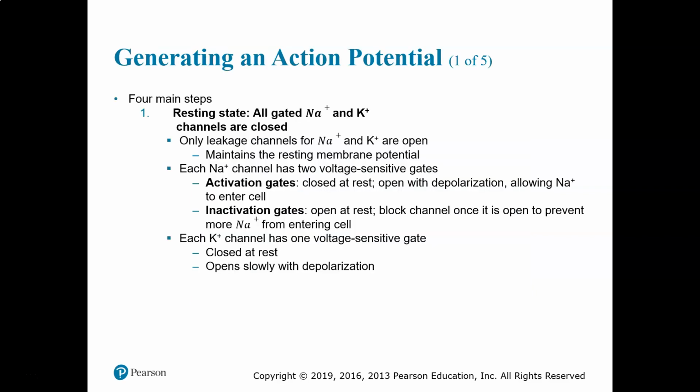In a resting state, all the gated sodium and potassium channels are closed. So the only way these ions get in and out is through the sodium potassium pump and the leakage channels for potassium and sodium. But there's only a certain amount, and everything works together so that voltage stays at -70.